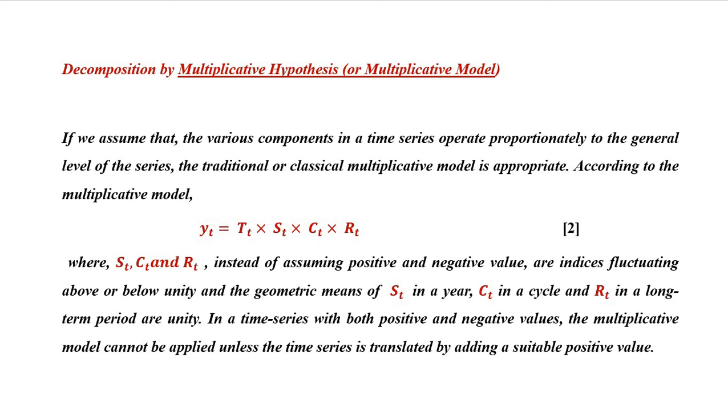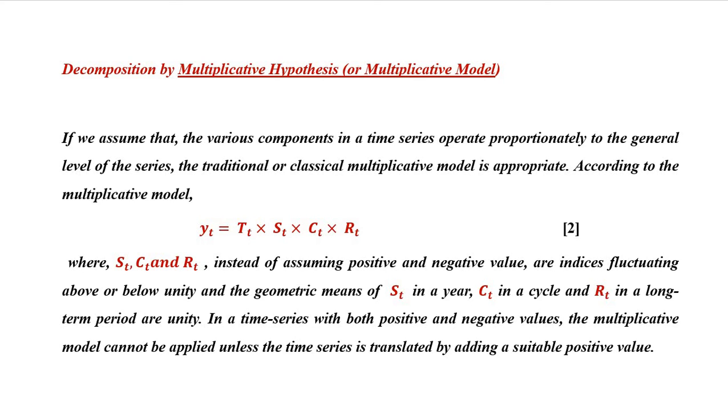Next one is the decomposition by multiplicative hypothesis or multiplicative model. If we assume that the various components in a time series operate proportionately to the general level of the series, the traditional or classical multiplicative model is appropriate.